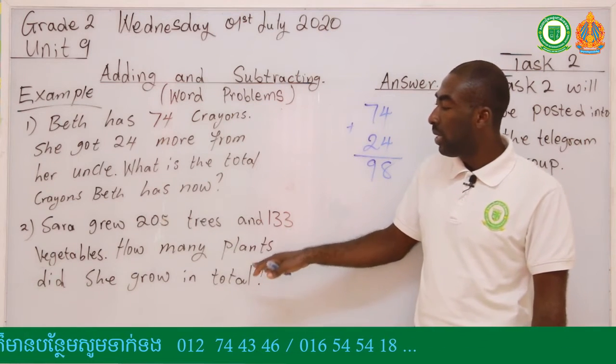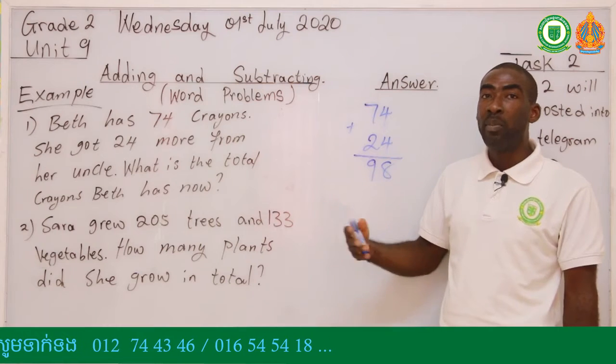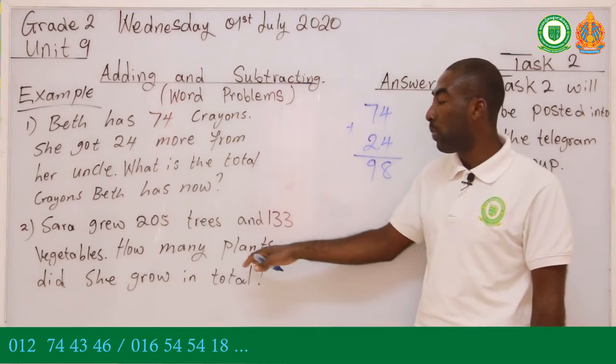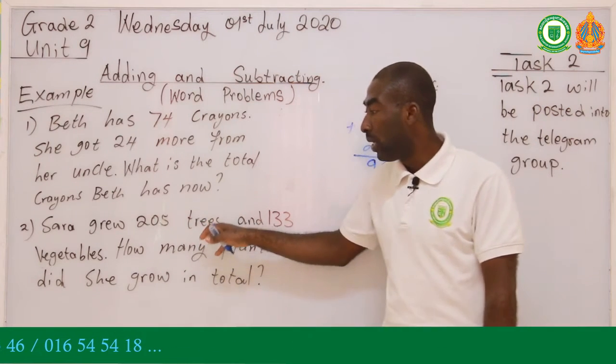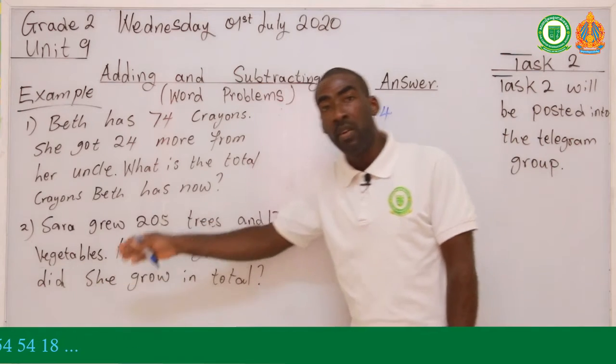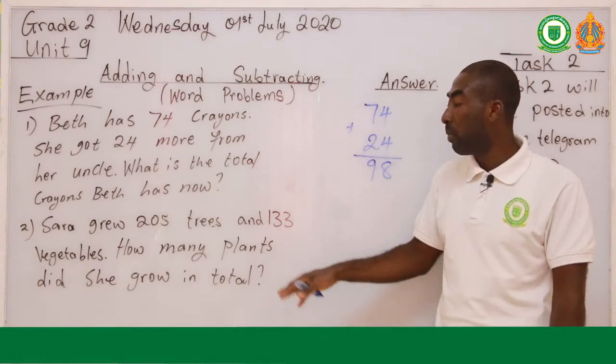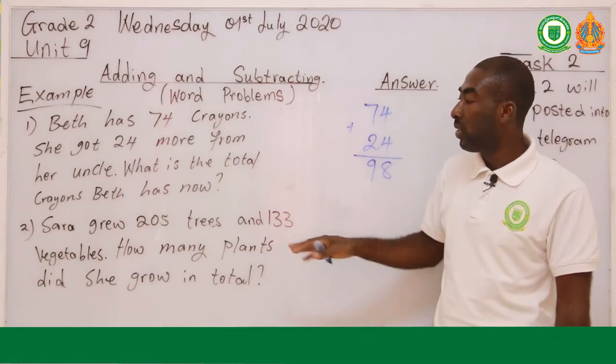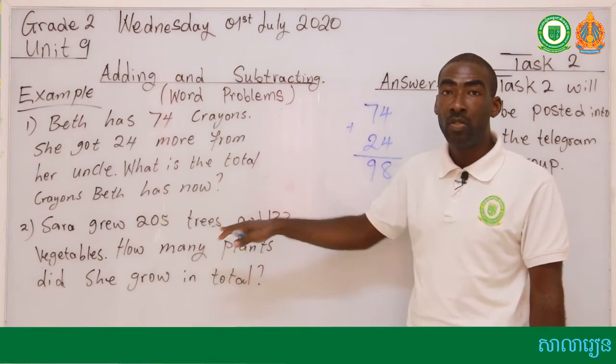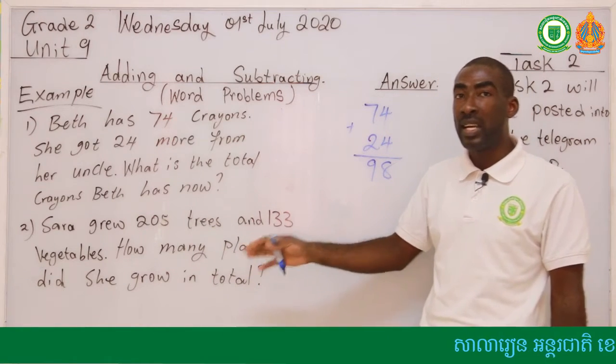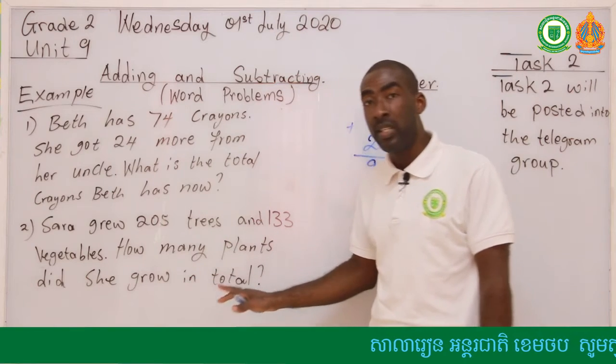That means she has a bigger number of plants, because when we say plants, it includes trees and vegetables, okay? Trees and vegetables, they all come to be plants. So we can do addition to know the total number of plants that she has planted so far.